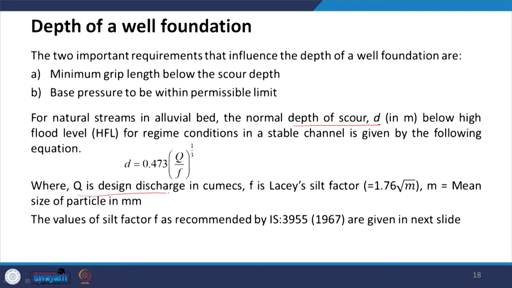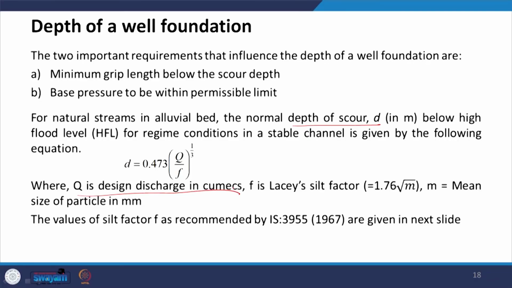The second factor is, when this water is passing through granular soils or some kind of soil, what are the sizes of the particles through which it is passing? That can be determined based on the factor F, which governs this characteristic of the soil, where F is called Lacey's silt factor, as given here: F equal to 1.76 root m, where m is nothing but the mean size of particle in millimeter.